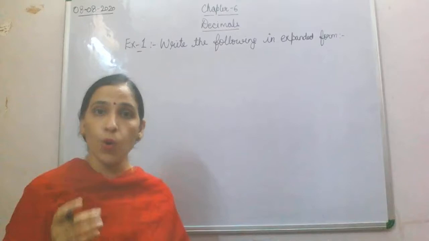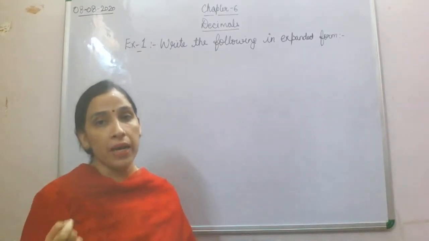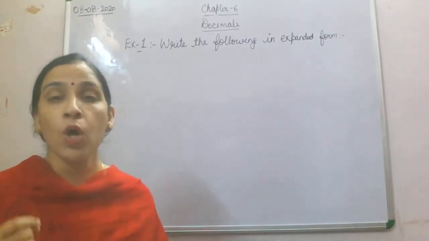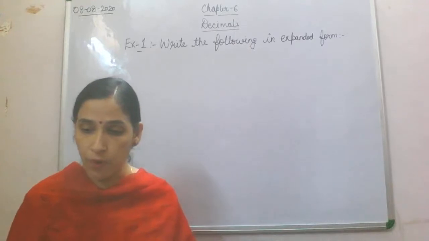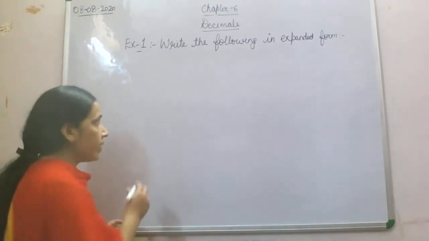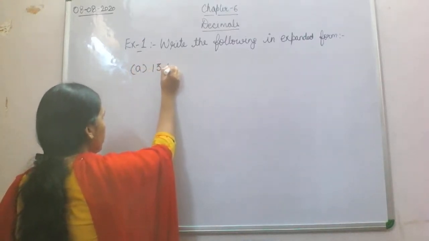As I just told you, you can write it in two ways. You can write the decimal place by dividing by 10, 100 and 1000, or you can write it in decimal form. So we will do both methods. The first one, A, is 13.4, which we have just seen.